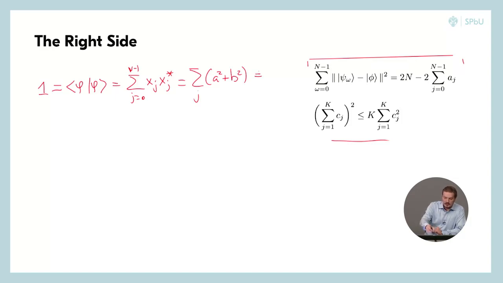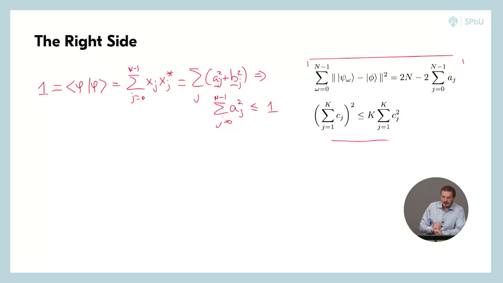And that means, since this sum equals 1 and both its components are positive, that the sum over all j of aj squared is less or equal than 1.